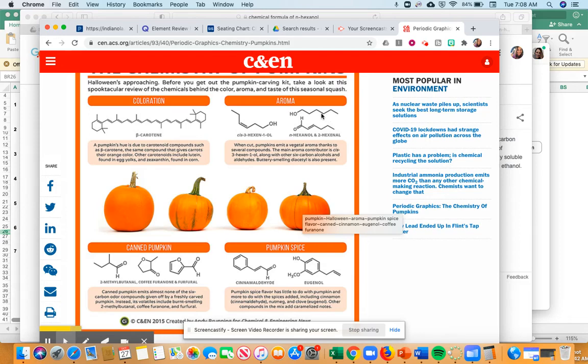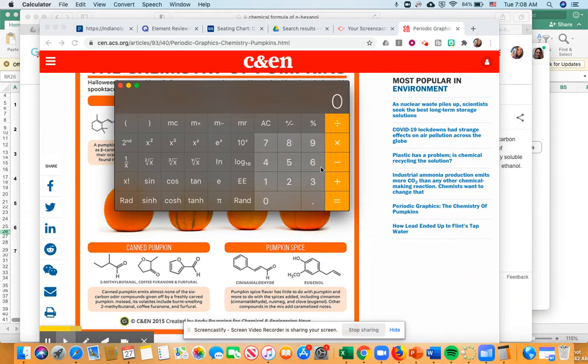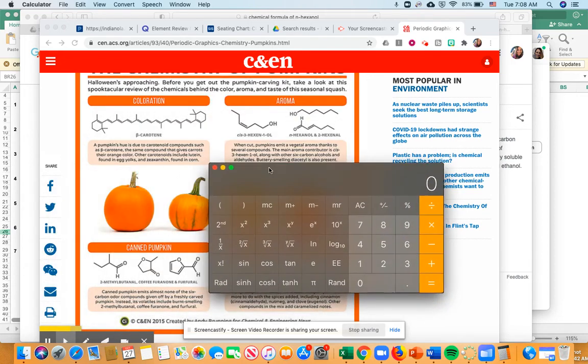So this top one, n-hexanol, is C6H14O. So we know 72 for the carbon, so 6 times 12, plus the 14 on the hydrogen, plus the 16 on the oxygen, and we get 102, which makes sense because there's only 2 more hydrogen. So that is 102 grams per mole.